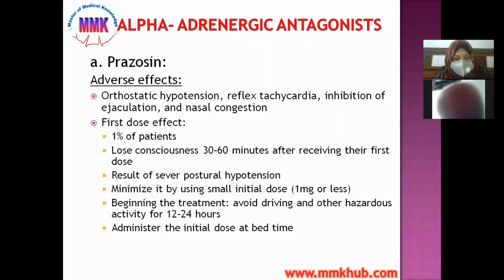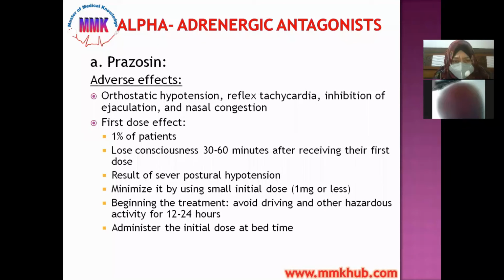Prazosin is also notoriously known for the first dose effect, so we should know what the first dose effect is. The first dose phenomenon is basically a sudden and severe fall in blood pressure that can occur when changing from lying to a standing position the first time that an alpha blocker is used, right?